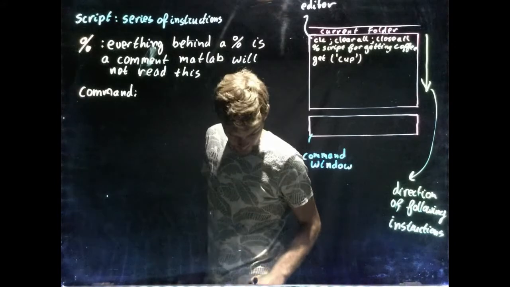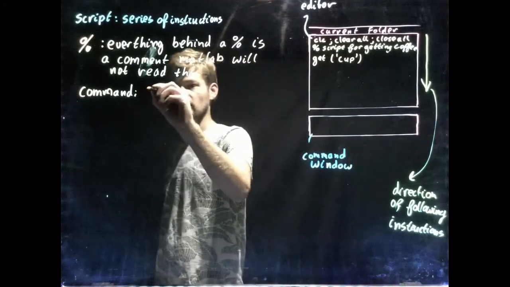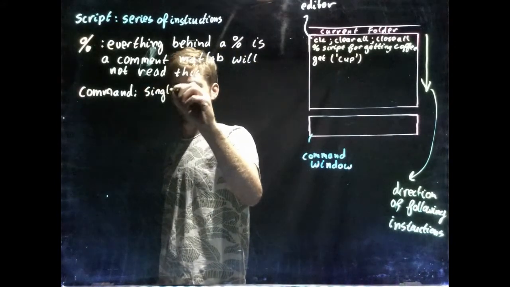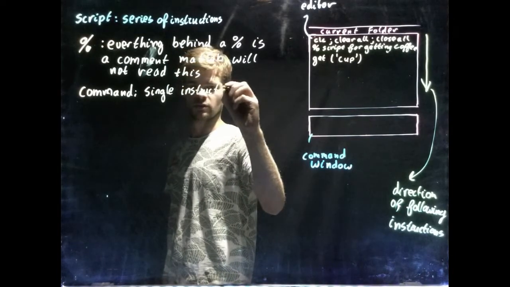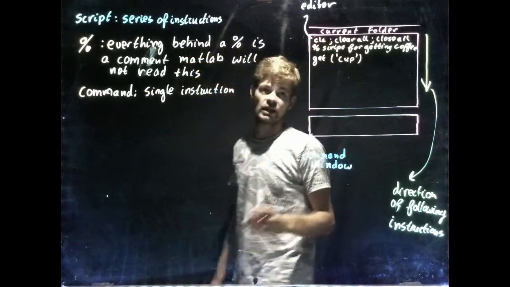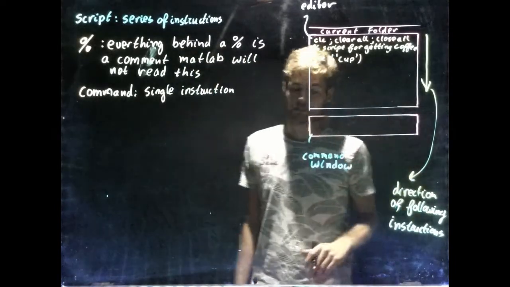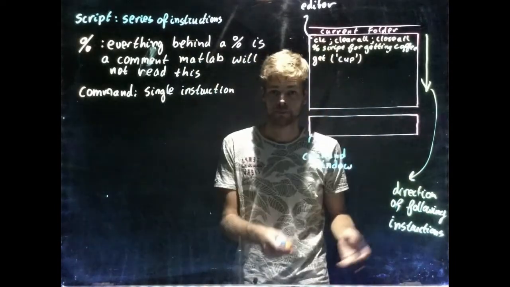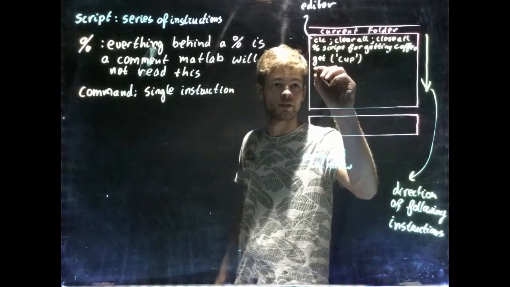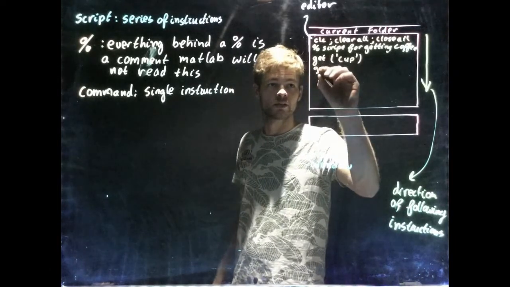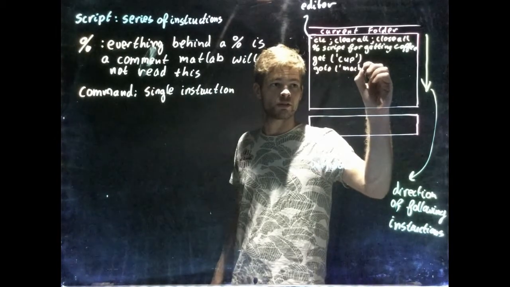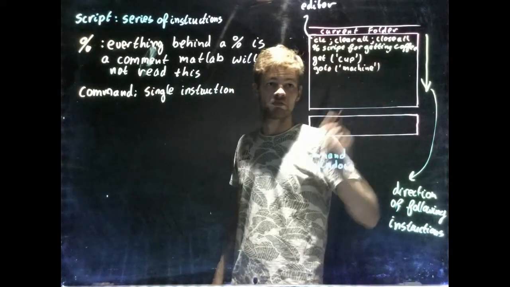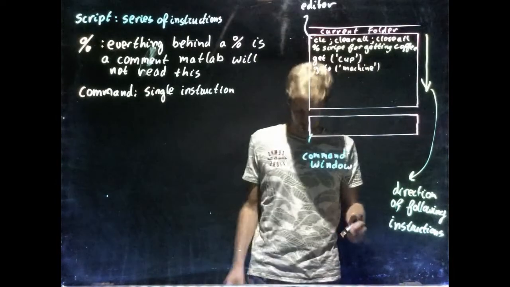And a command is a single instruction, like this one, get a cup, or read a file. And I've got another one, go to machine. So it can be another instruction.